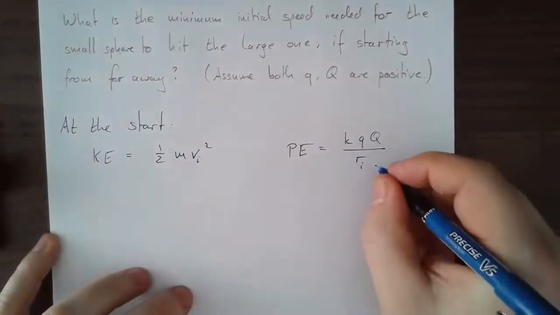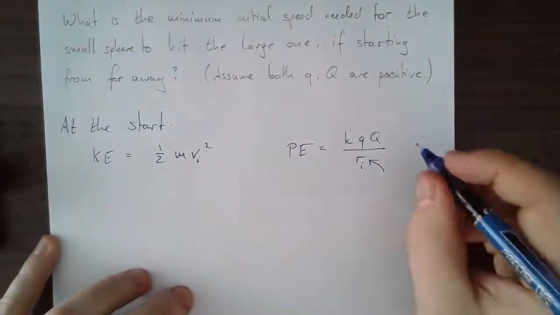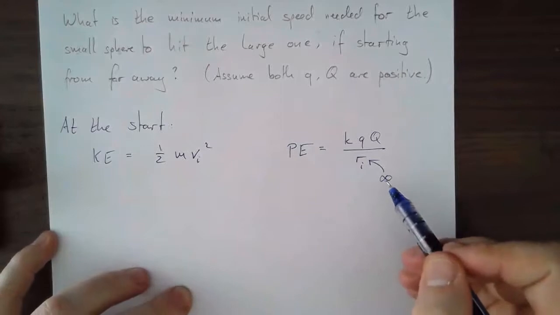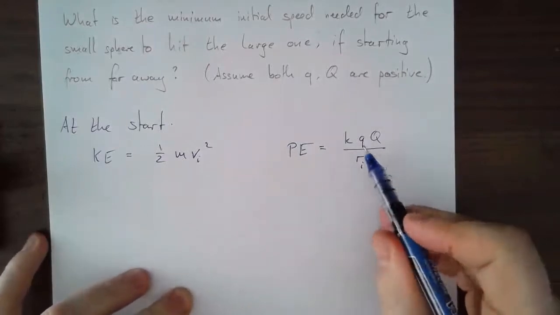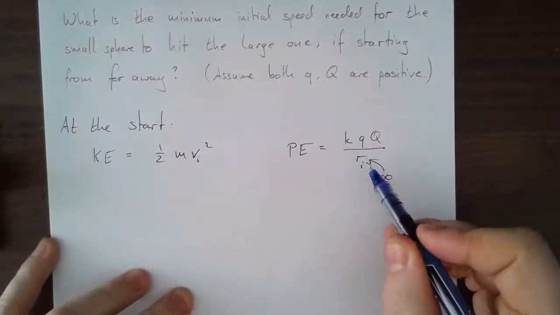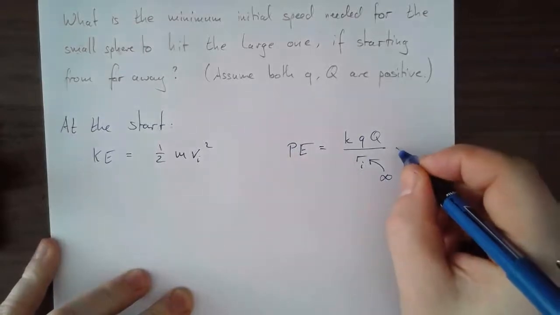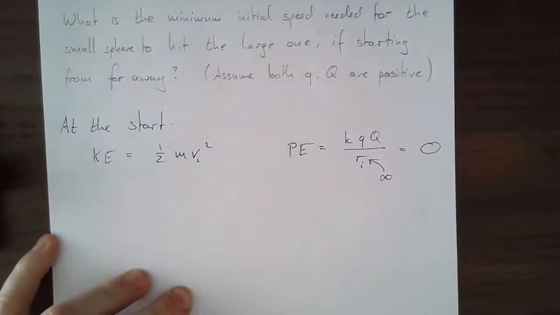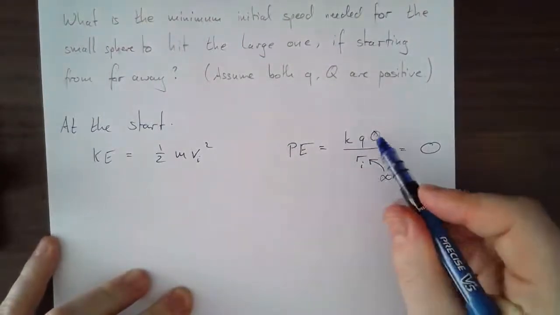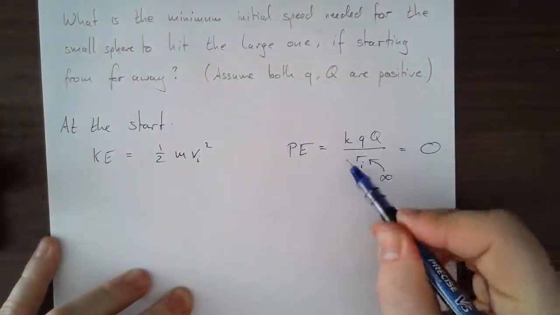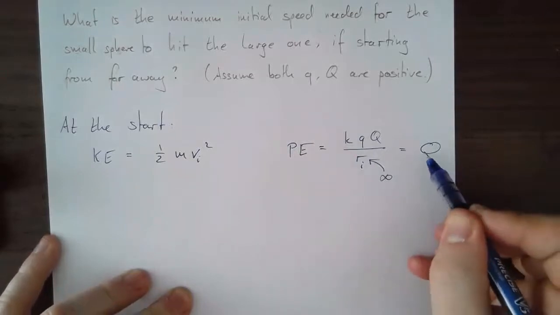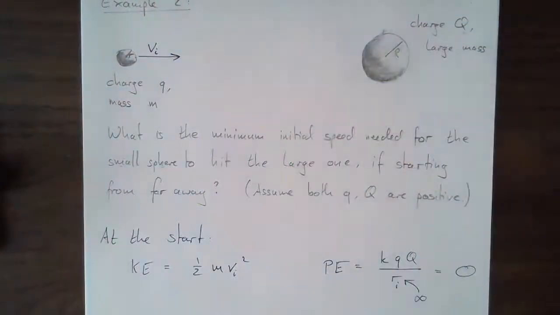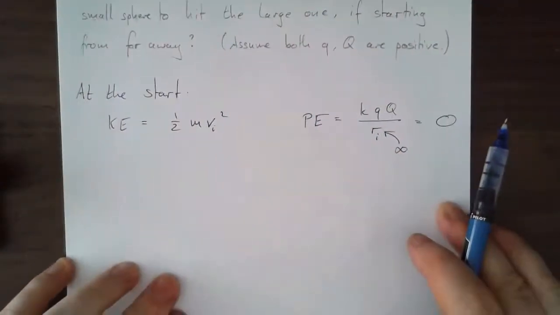But for our practical purposes, we know we mean the initial separation, and this is infinity. Maybe it's 10 million miles, or just 3 meters, doesn't matter, but it's a very large number. And so that makes this 0. In practice, it would be a tiny number, a finite number over a very, very, very large number. But for practical purposes, this is 0 if it's really far away.